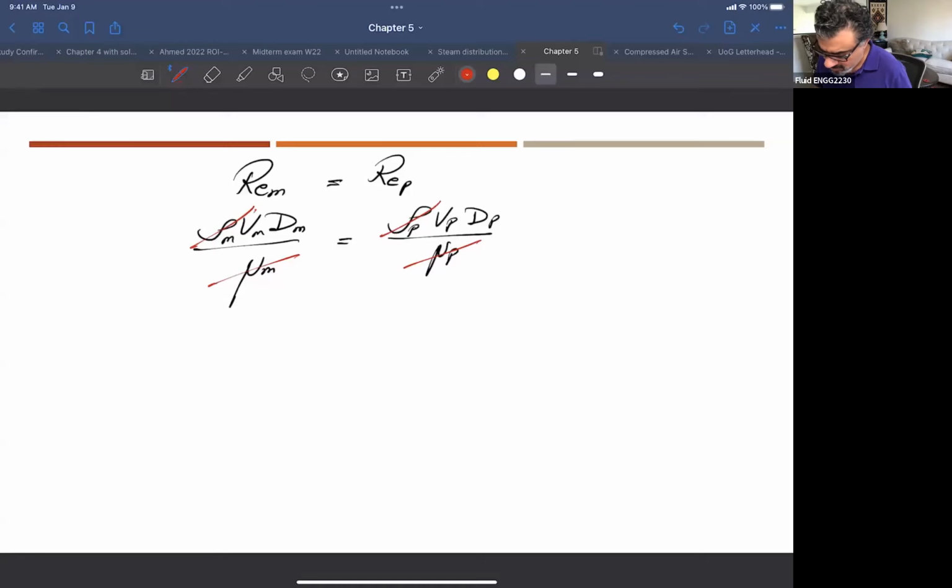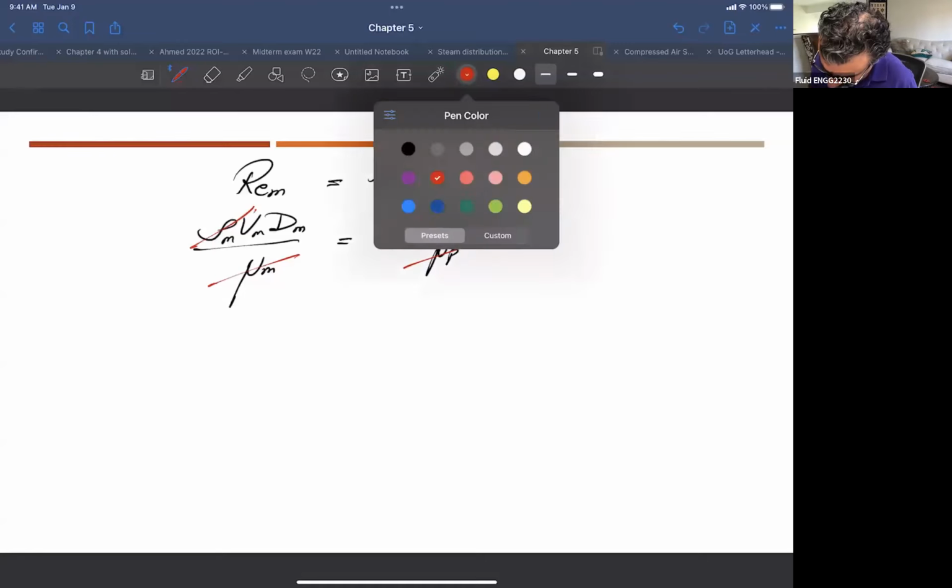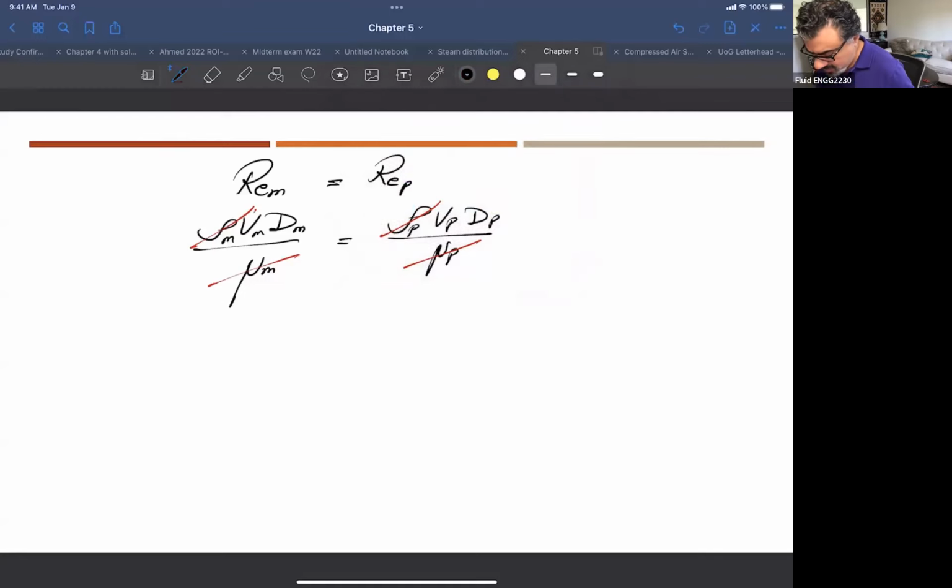So in this case, what can I get out of this? I can say that the velocity of the model over the velocity of the prototype equals d prototype divided by d model.